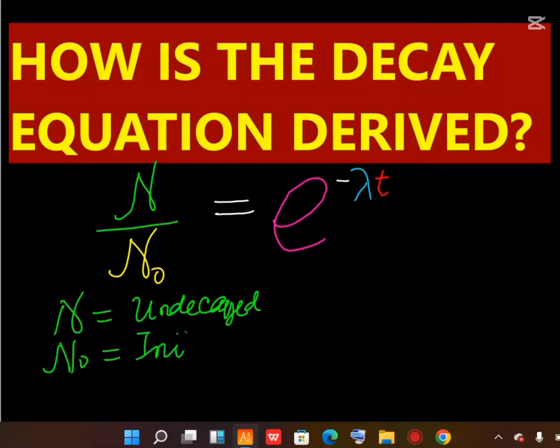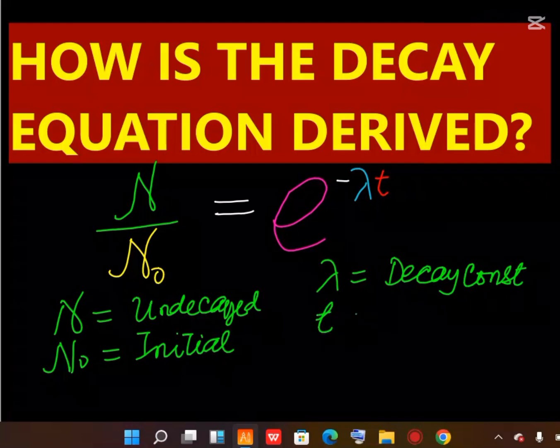Lambda is the decay constant, and t is the time duration of concern. So let's get started.